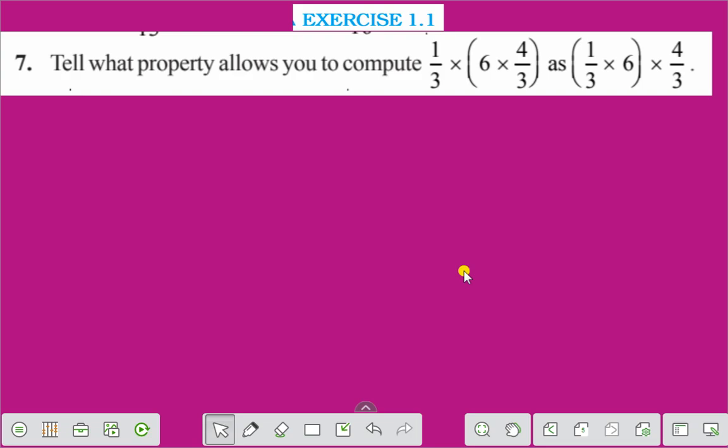Tell what property allows you to compute 1/3 × 6 × 4/3 as 1/3 × (6 × 4/3).